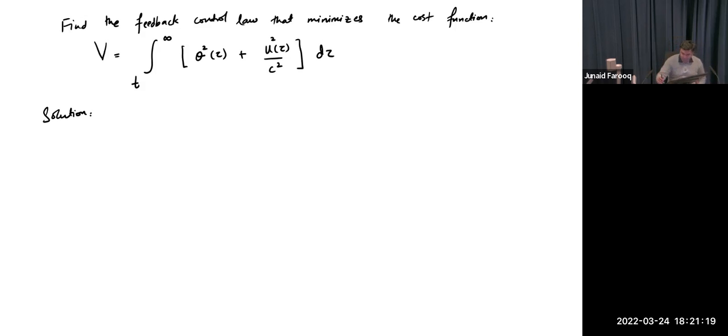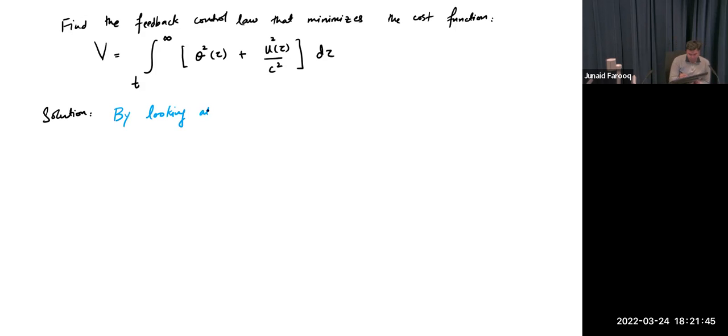Now, the first thing we have to figure out is what the Q and R matrices are. Here we are just looking at the cost function, but from here we have to figure out the Q and R matrices, and then those can be used in the design of LQR.